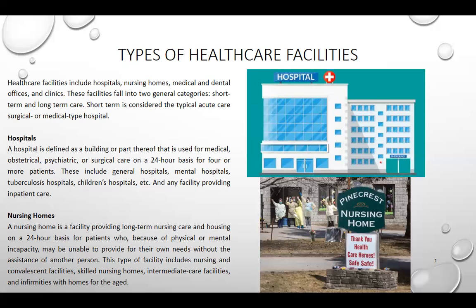Nursing homes. Nursing home is a facility providing long-term nursing care and housing on 24-hour basis for patients who because of physical or mental incapacity may be unable to provide for their own needs without the assistance of another person. This type of facility includes nursing and convalescent facilities, skilled nursing homes, intermediate care facilities, and infirmaries with homes for the aged.